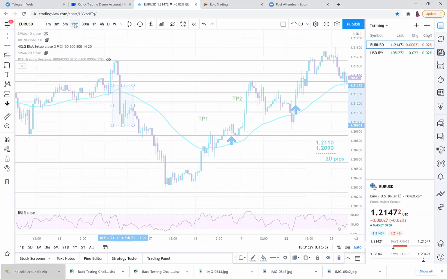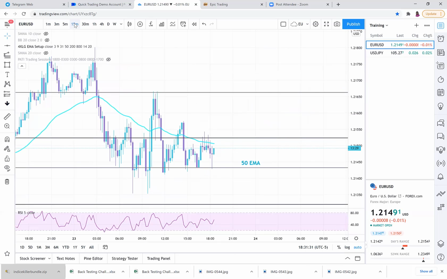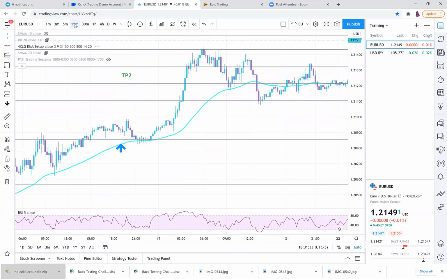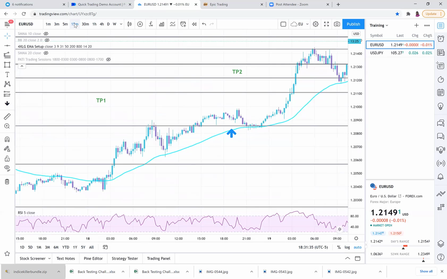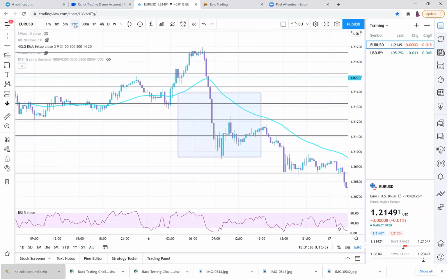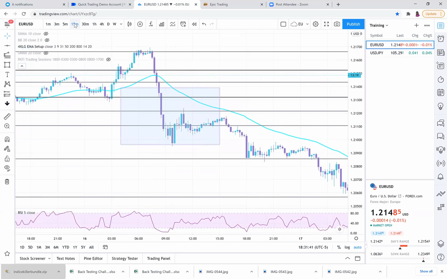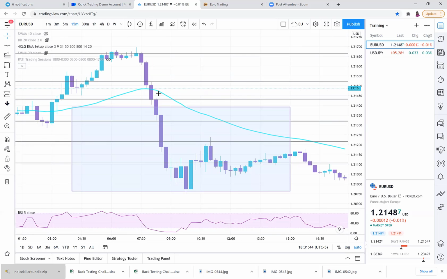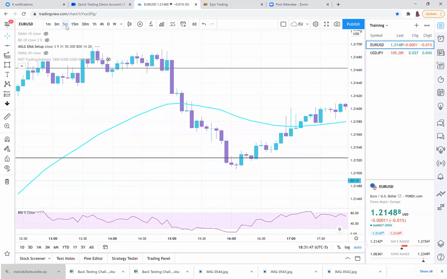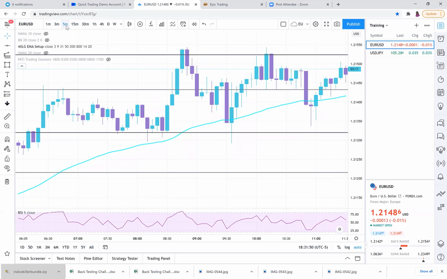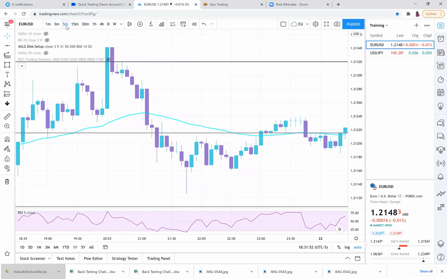So let's come down to the 15-minute and find that rectangle, find that same area. Here we go. So I'm going to go down one more time frame. Let's go down to the 5-minute and let's see if it can give us a good entry.